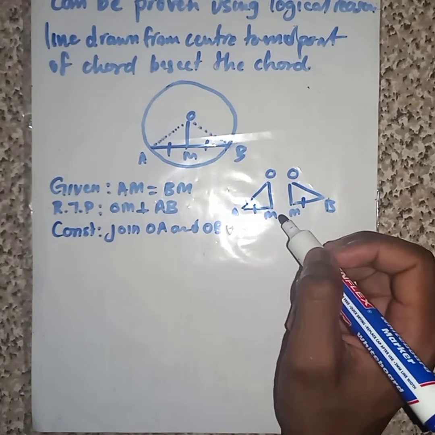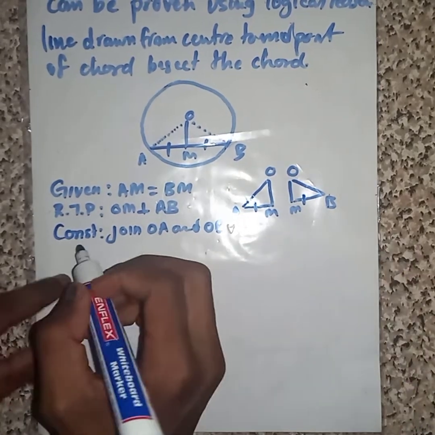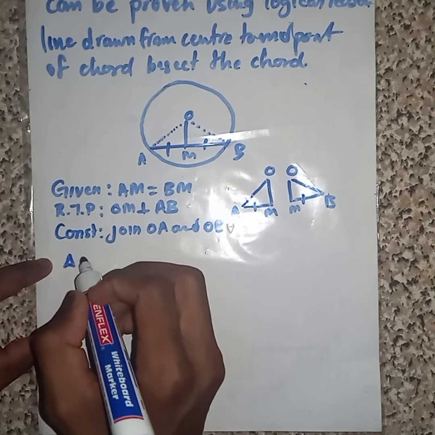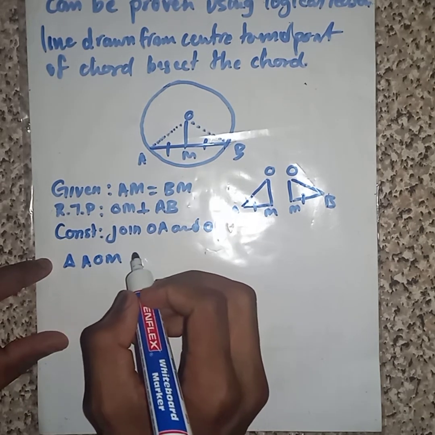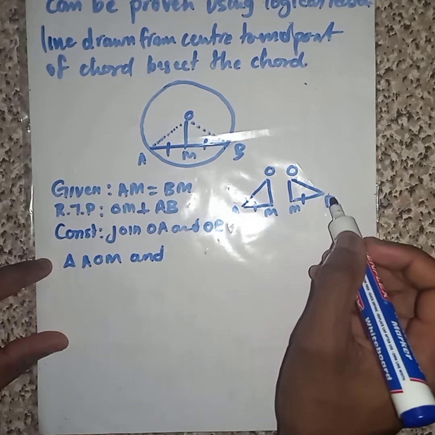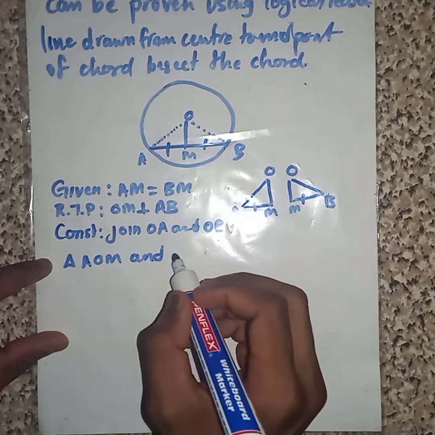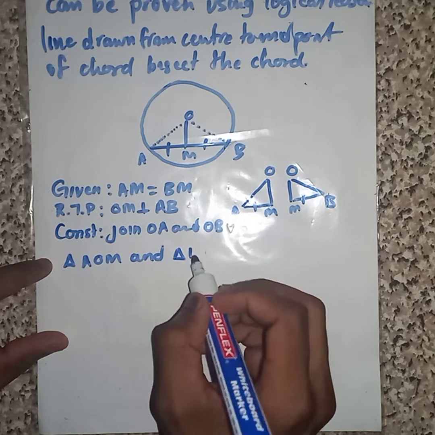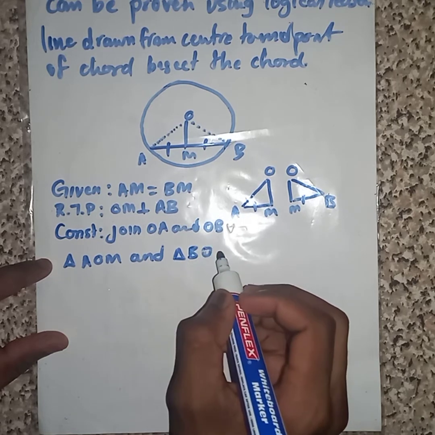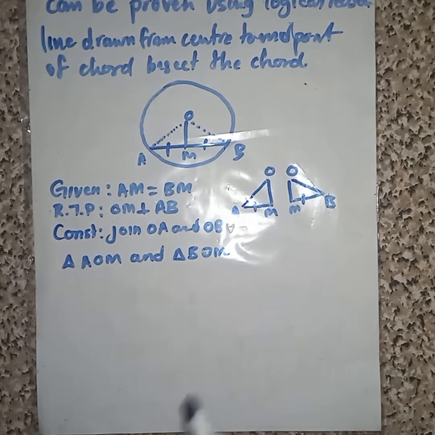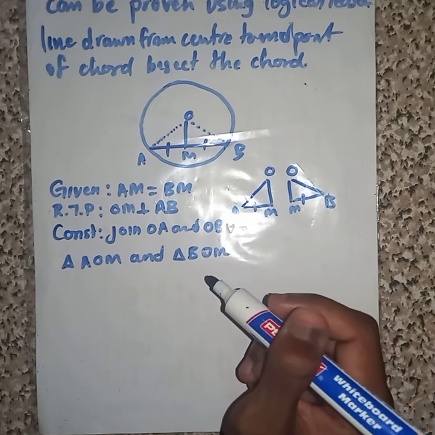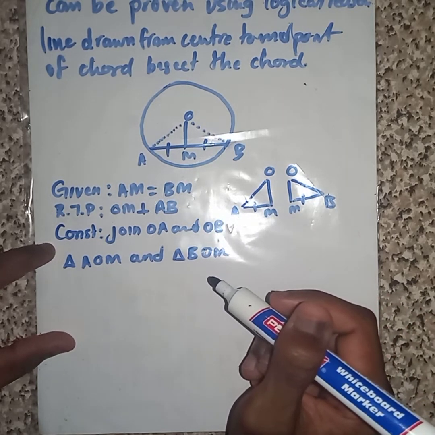In these triangles, let's say triangle AOM and triangle BOM, we must prove the congruence. Firstly, that's what we must prove. Then for us to prove the congruency, let us see how we are going to do it.